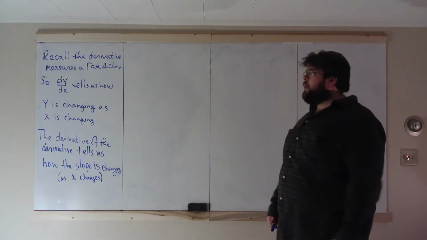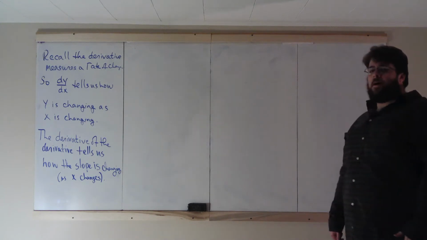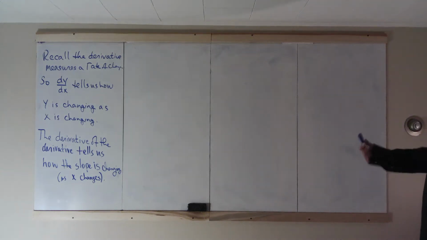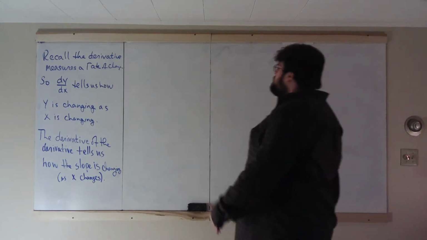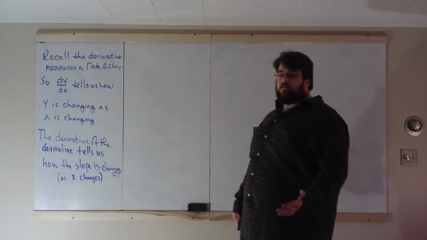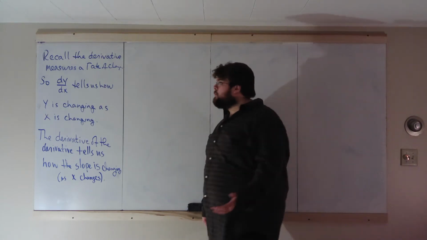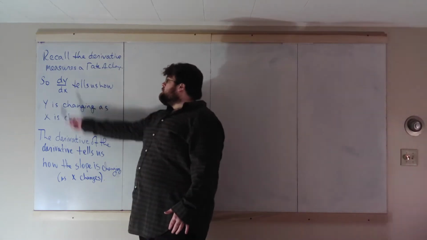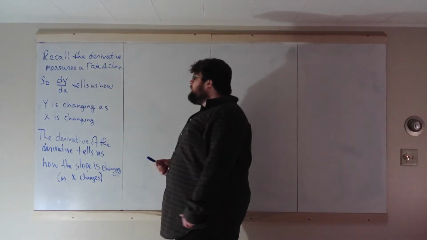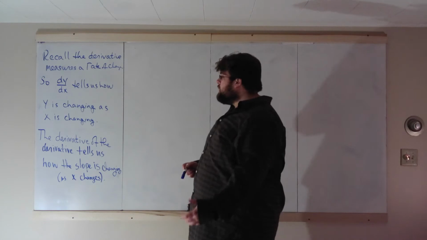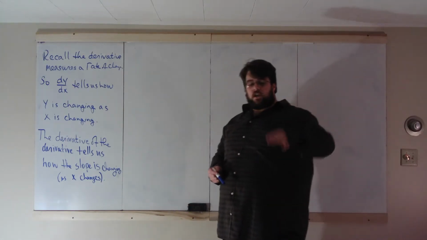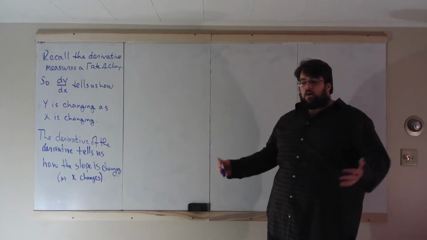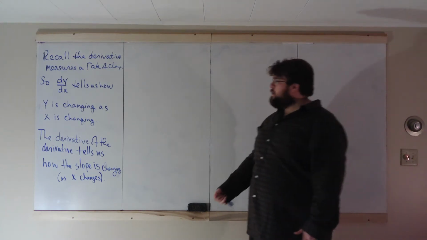Before we look at some graphs, I'd like to make the following observation. I would include the graphs here, but there are 4 of them, and I want one for each board. Remember one of the interpretations of the derivative: the derivative measures a rate of change. So dy dx tells us how y is changing as x is changing at a given point, and we understand that as the slope of a tangent line at a given point.